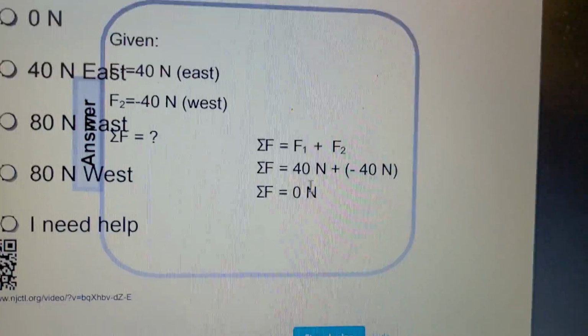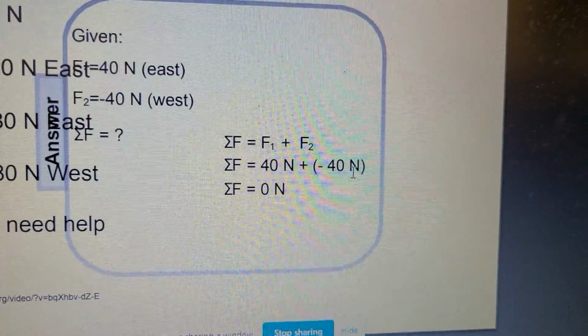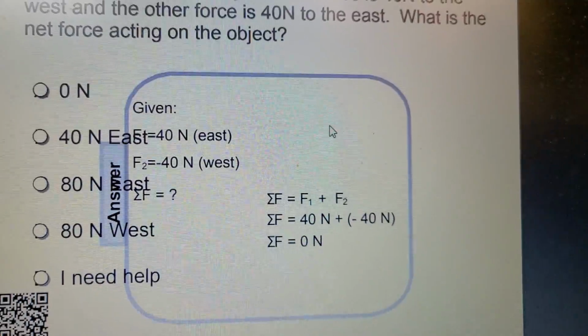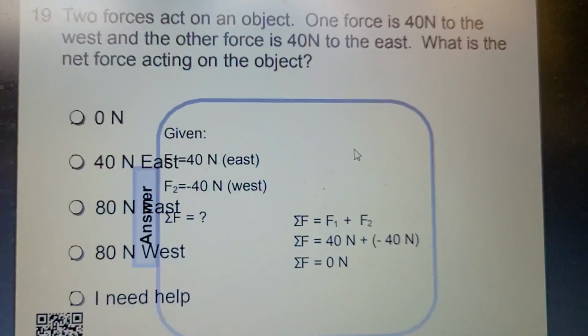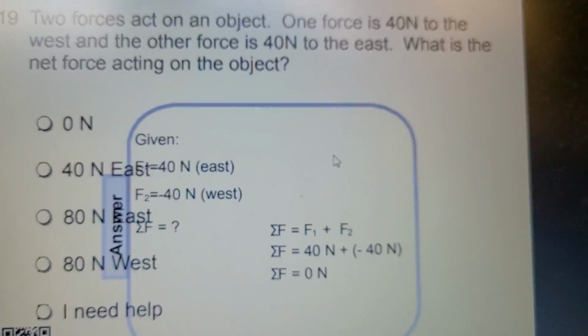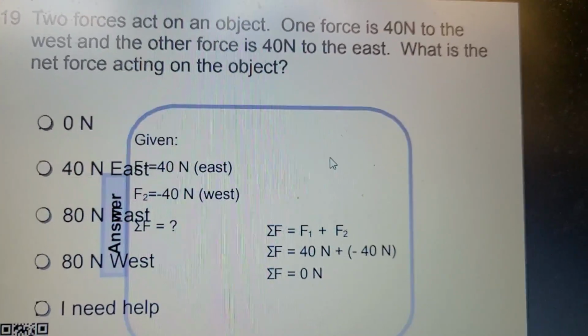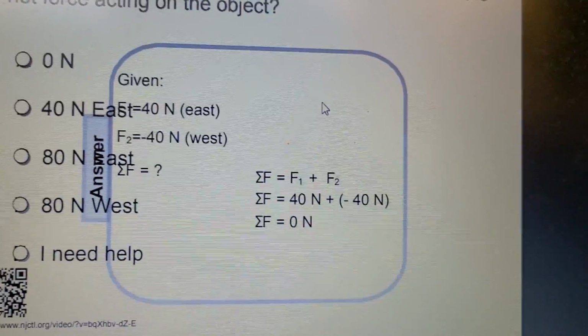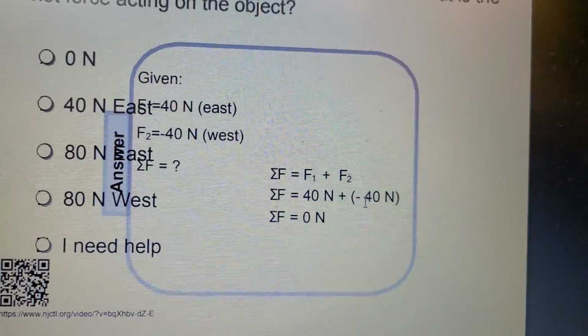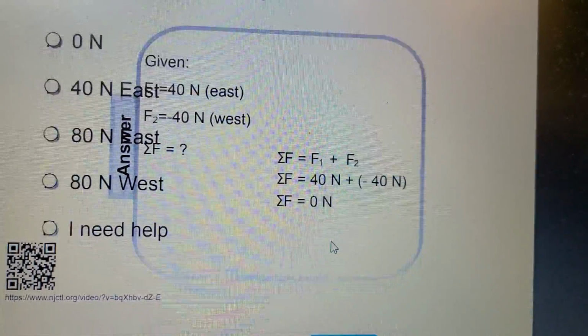Hence why it has a negative 40 newtons. Okay, and then going to the east is going to be what? Going to the right, which indicates that the number is going to be what? Positive. And that's why they had 40 N plus negative 40 N, which gives you 0.